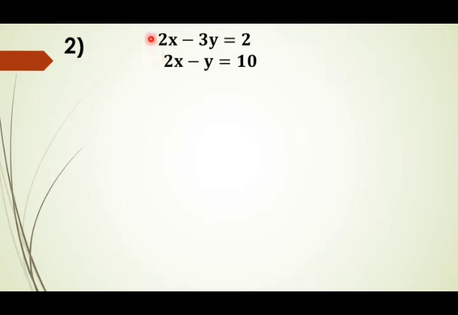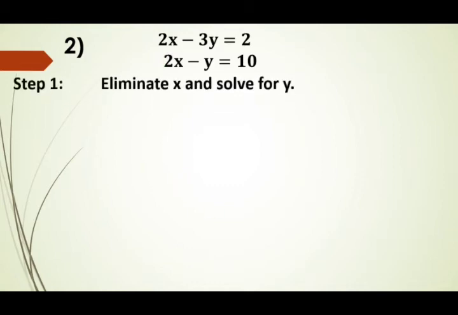Pwedeng ganito ang gawin. Gawin mong negative itong isang 2x or itong pangalawang 2x, kahit sino sa kanila. Let's say, ang gusto nating gawing negative 2x ay itong pangalawa. So, in step number 1, our plan is eliminate the variable x and solve for y.